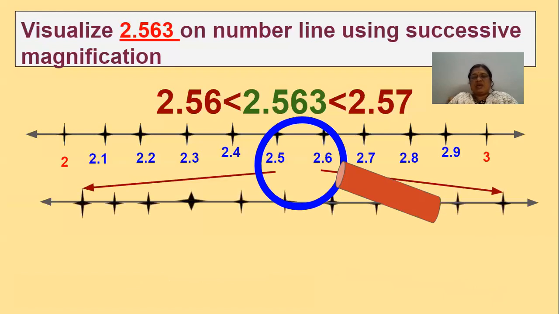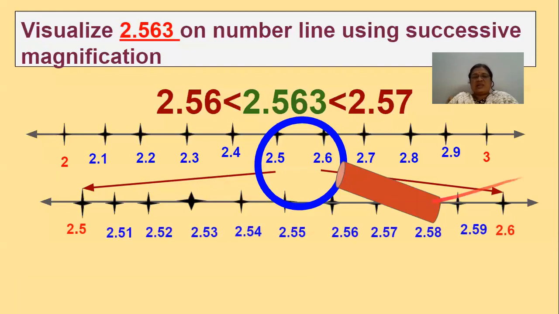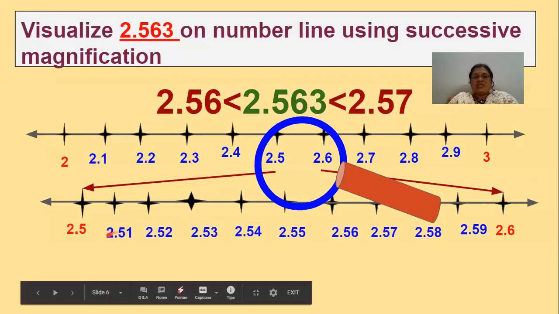So the 1 centimeter has extended again like this into 10 equidistant points. 2.5, here we can mark 2.5, here we can mark 2.6 like this, and the numbers between these will be like 2.51, 52, 53, 54, 55, 56, 57, 58, 59, and 2.6. So this is the answer. Is it finished?